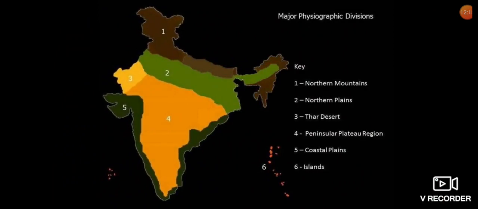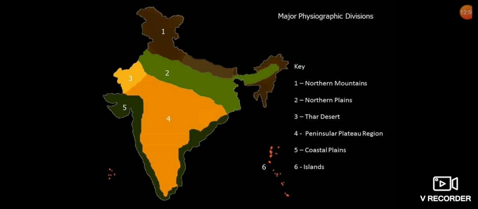On this map, you can see the physiographic divisions of India, and the six divisions are marked here. Number 1 is showing the northern mountain area, number 2 is showing the northern plain area, number 3 is showing the desert area, which is also named the Thar Desert, number 4 is showing the peninsular plateau region, and number 5 is the coastal plains, which could again be subdivided into two types, that is the western coastal plain and the eastern coastal plain.